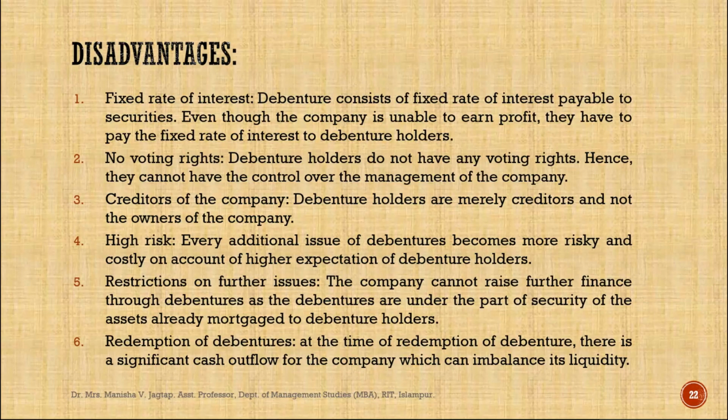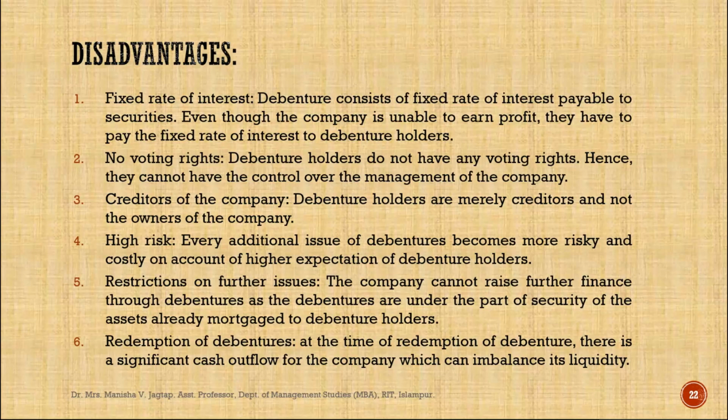Hence, it is not suitable for those companies whose earnings fluctuate continuously. During a depression, when profits are declining, debentures can prove to be very expensive due to their fixed interest rate.